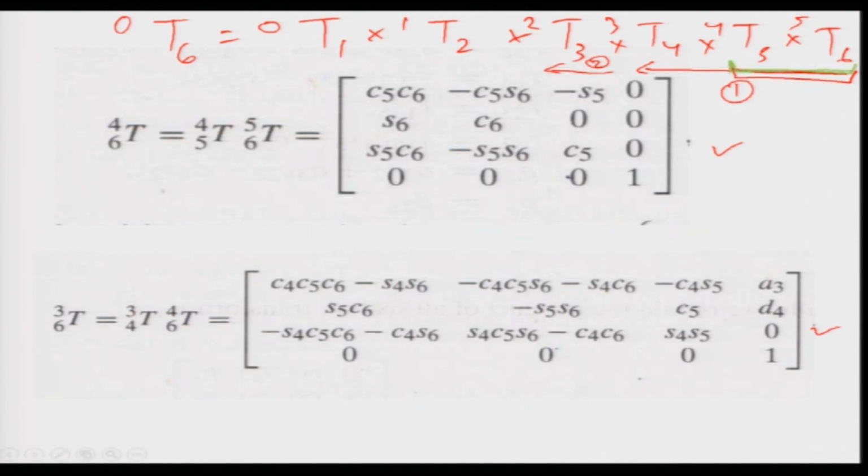Then we get 4 to 6. Then I multiplied this with 3 to 4, so I got 3 to 6. So, this is first, this is second, 3 to 6, okay. So, we get 3 to 6 from here.